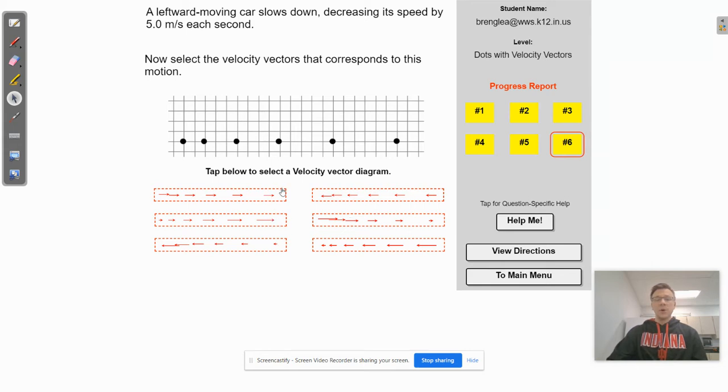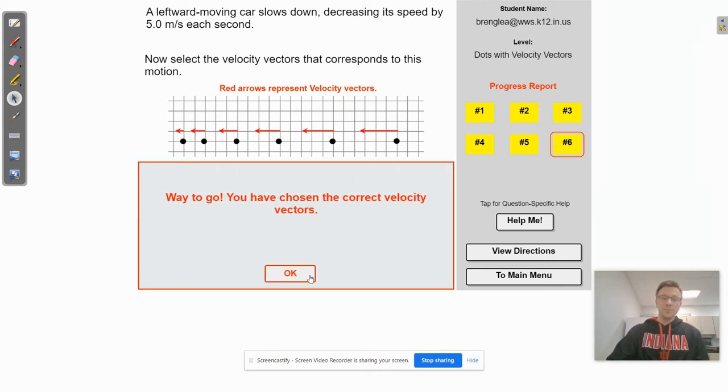Now we need to look at the other diagrams. This one shows constant velocity because all the arrows are the same length, so that one's incorrect. This one shows increasing velocity because the arrows are increasing in length. But the last one here shows decreasing length with the arrows, which does indicate that the velocity is decreasing. So we'll choose this one.